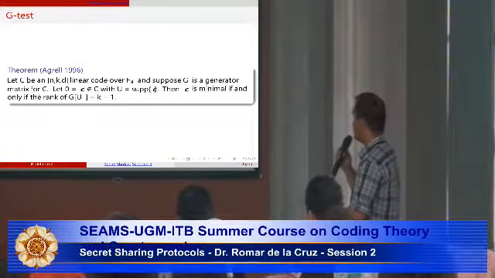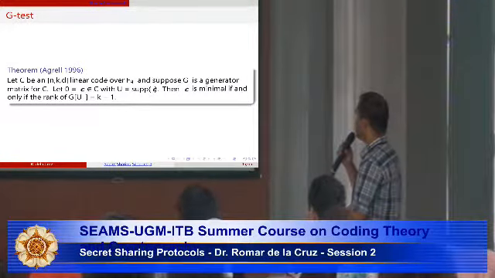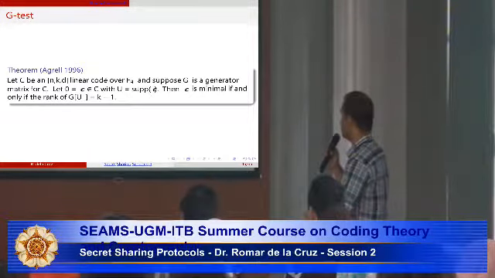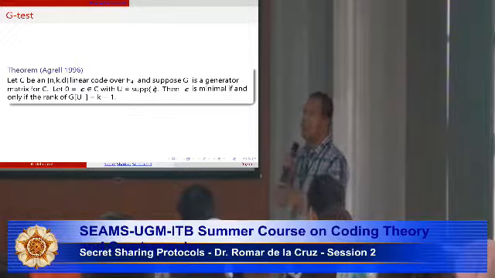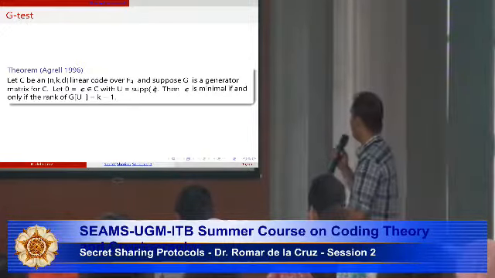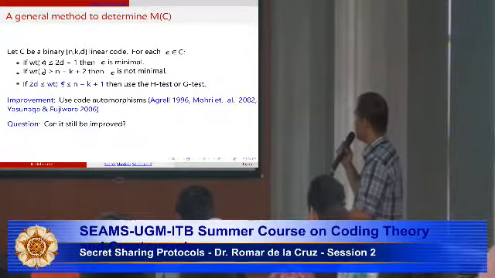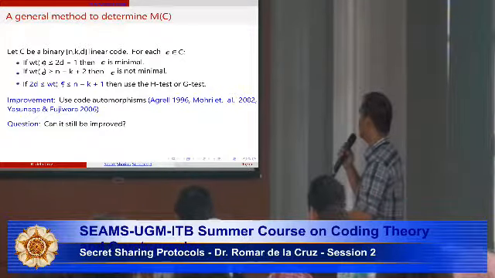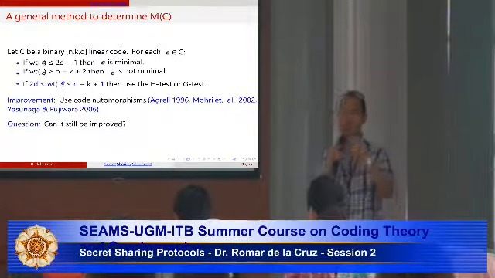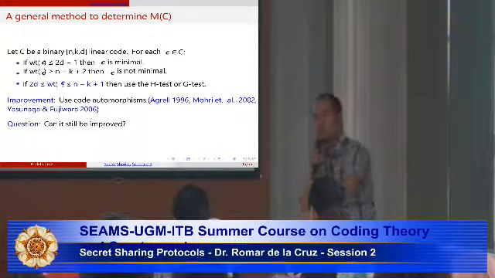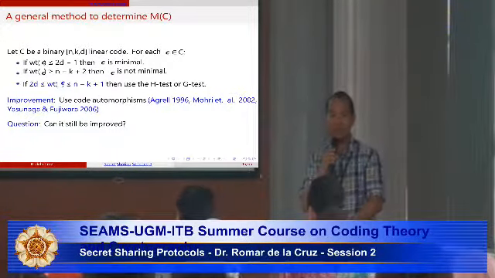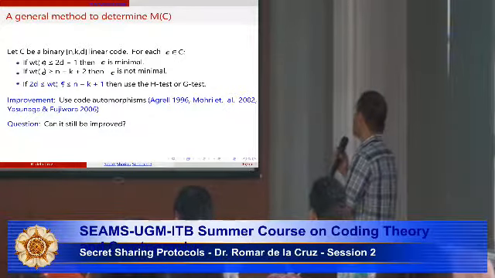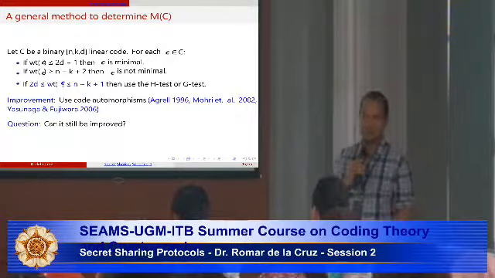If the weight is greater than or equal to n minus k plus 2, C is not minimal, because for minimal code words, the weight is at most n minus k plus 1. The problem is here: if the weight is from 2D to n minus k plus 1, it is possible that you have minimal code words and non-minimal code words. For this case, the only available tool is to use the H test or the G test.